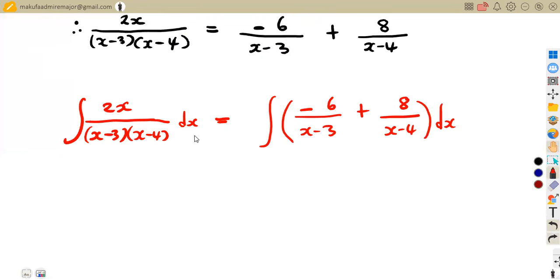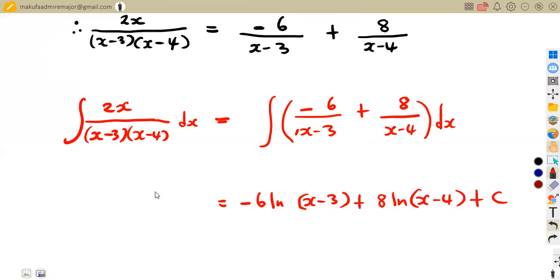That is where our integration is playing a role now. If we integrate -6 over x minus 3, we know that it's a ln. The derivative of x minus 3 is 1, so you have -6 ln of x minus 3. 8 over x minus 4 gives 8 ln of x minus 4, plus the constant of integration. We're done.